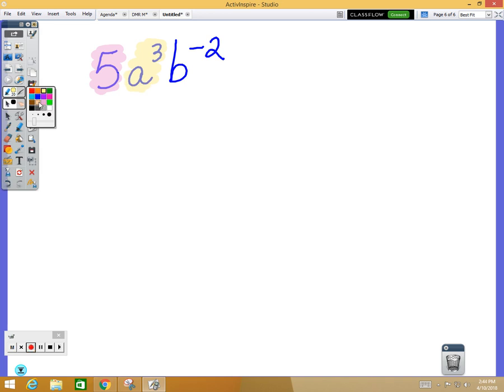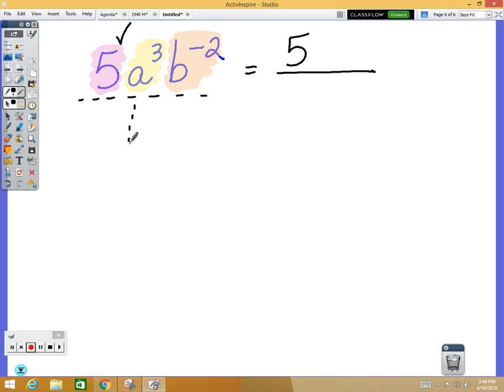And you have a b to the negative second power. So I want you to think of them individually. Okay? Is the 5 okay? Would the 5 have a positive exponent? Yes. So if it is okay, then we're going to leave it on top when we're writing our fraction. Okay? Because technically right now, it is already on top.